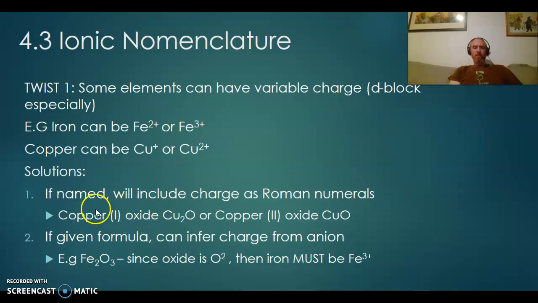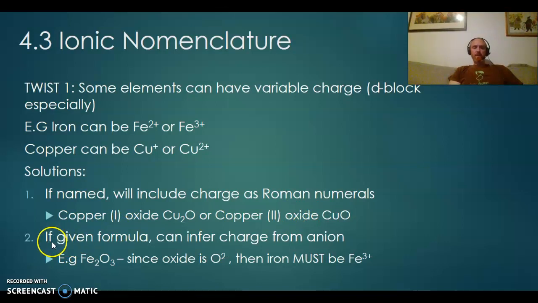And if it was copper 1 combining with oxygen, that would be Cu2O. Or you could see copper bracket II oxide, which means copper 2 plus oxide. And that would combine with oxygen to be CuO. So that's one possibility. Okay.